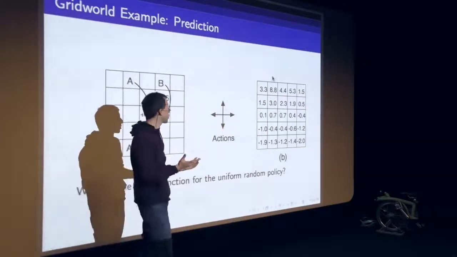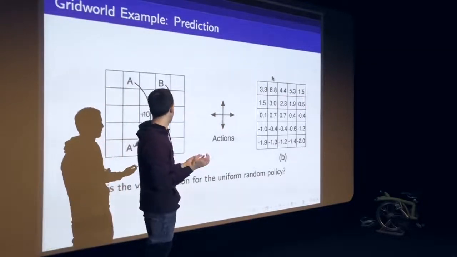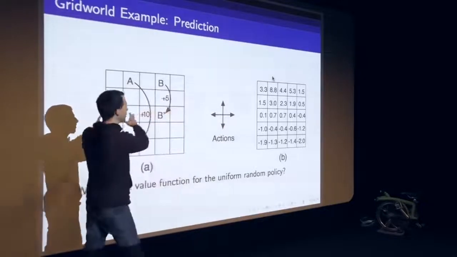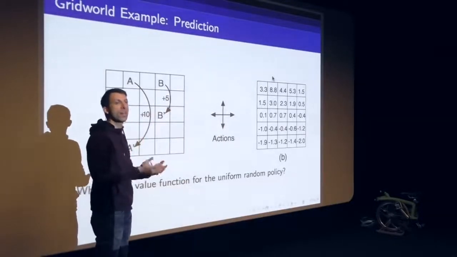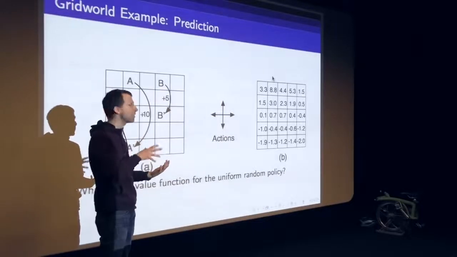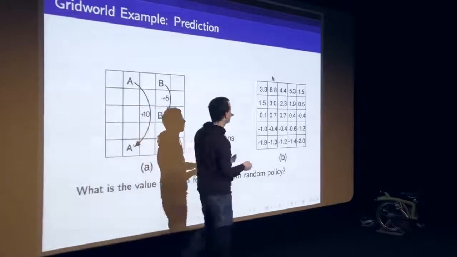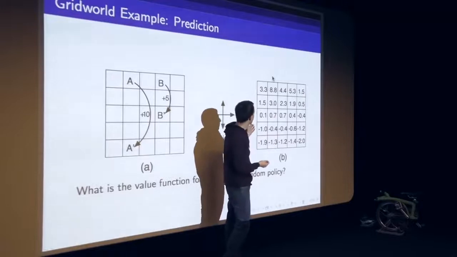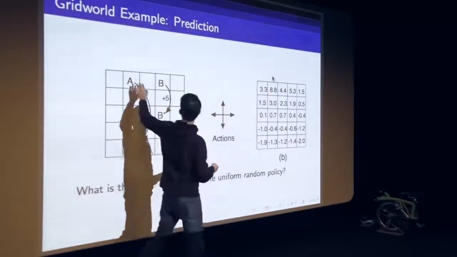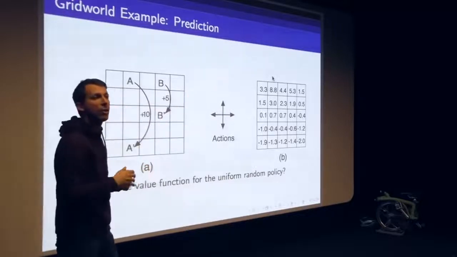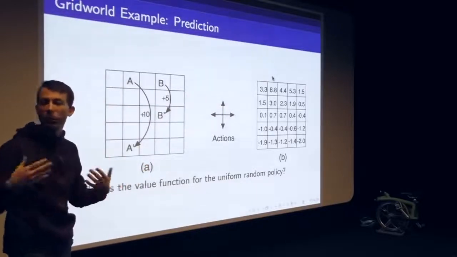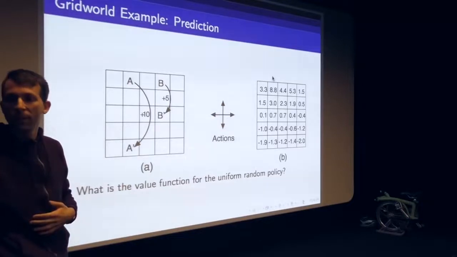We can ask, what's the value function for the uniform random policy? If we just move around this grid randomly, how much reward will we get? That's a prediction problem. For this fixed policy of behaving randomly, how much reward will we get? This is the answer. At best, if you're in this top state here, you get roughly 8.8 units of reward in total going into the future. And we'll see how to solve these things in subsequent lectures.